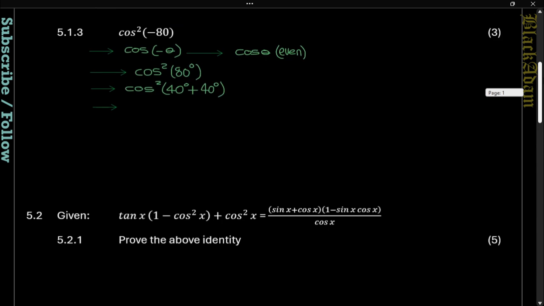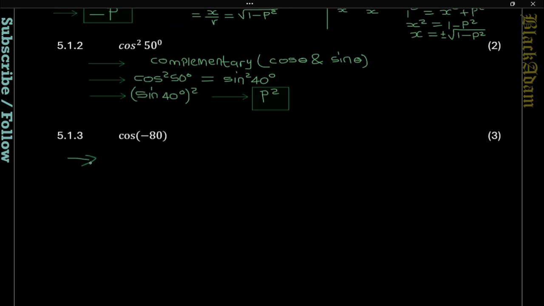Then we can now go and answer 5.1.3. Cos is an even function, so that means cos negative 80 is going to give us cos positive 80. So that means it's cos 40 degrees plus 40 degrees, double angle, because we have to work with 40 degrees is what we have.